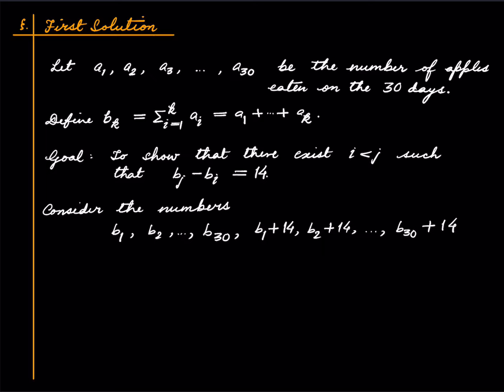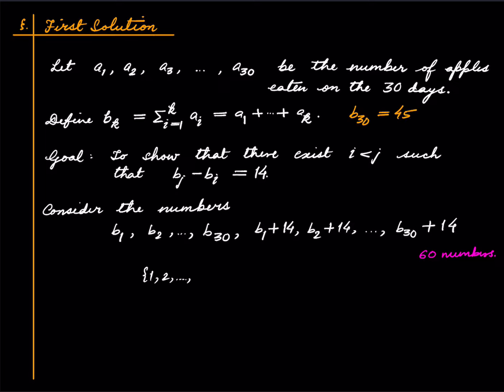So these are a total of 60 numbers. And each of these numbers is in the range 1, 2 up to... He consumes a total of 45 apples in the given 30 days. So B30 equals 45.